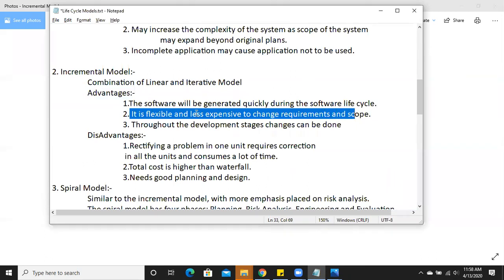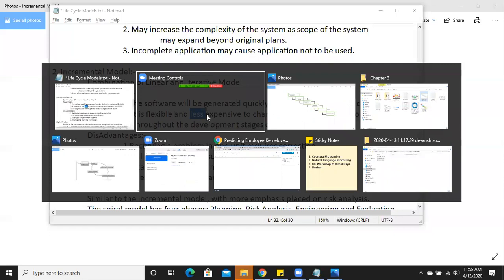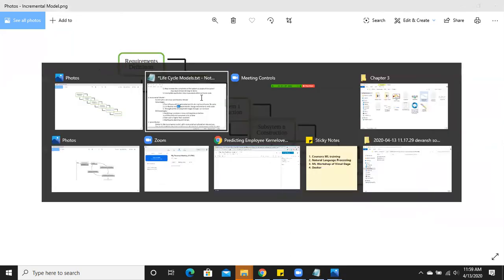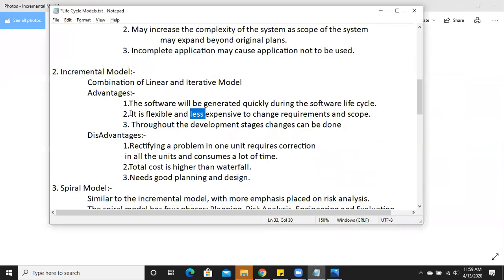Why is it less expensive? It is less expensive because all those confusions are cleared hand to hand by the staff involved in the previous step, right? That's why it is less expensive to change the requirement and the scope. So throughout the development stages, changes can be done. This is also an advantage.